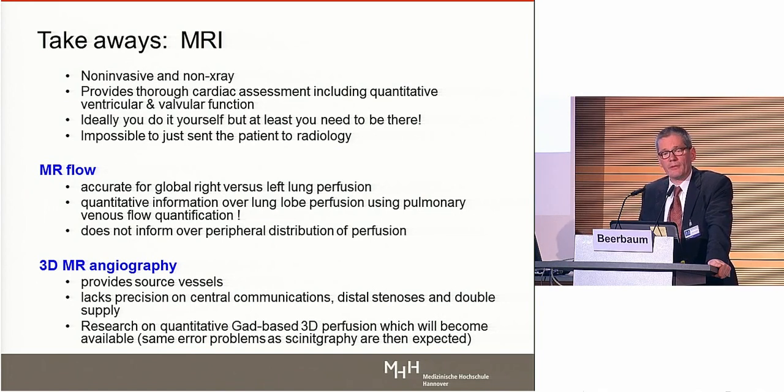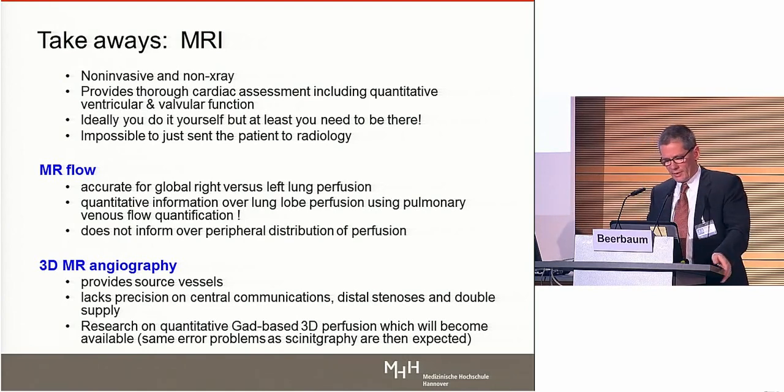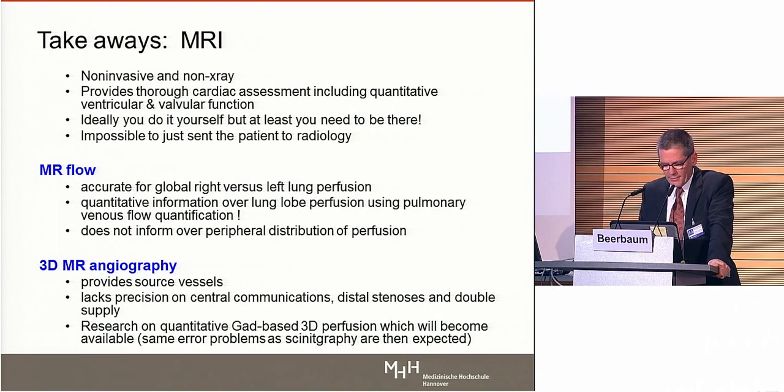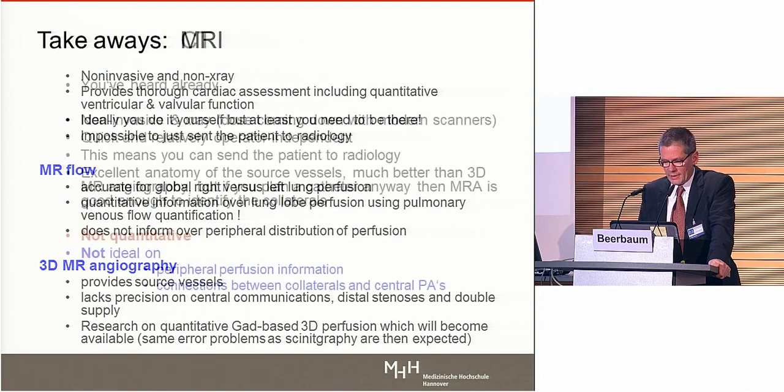MR flow in 2D can give you quite decent information on left and right lung perfusion, and some information on flow perfusion if you scan the pulmonary veins, as we've seen. 3D angiography, certainly if it's time-resolved, is going to be a very important addition to the diagnostic tool in these patients, as it may give you very nice peripheral perfusion information in 3D.